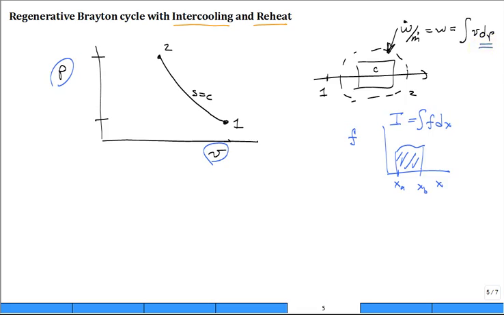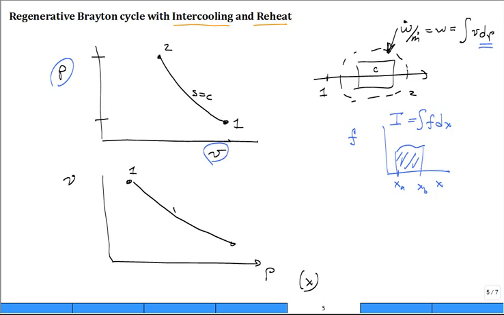To help make it make sense, let me do a flip. Let me put P in the traditional x location, and let me put v in the traditional y location. And now let's see if we can figure this out. So we start at state 1, large v, low P. There's state 1. And we're going to low v, high P. There's state 2.